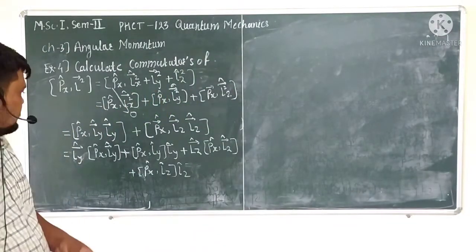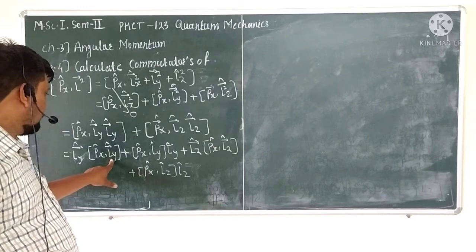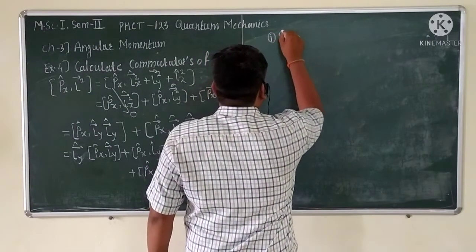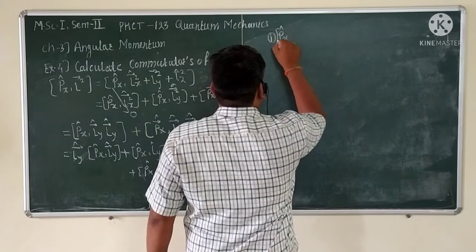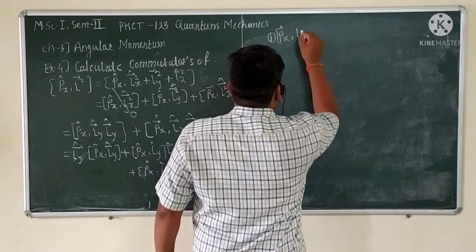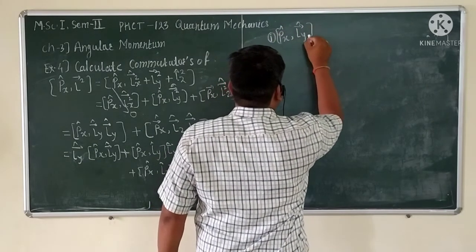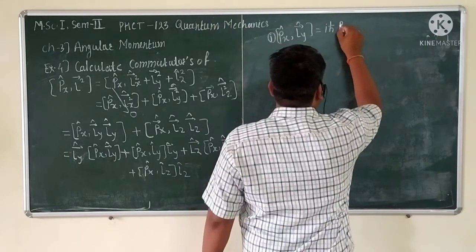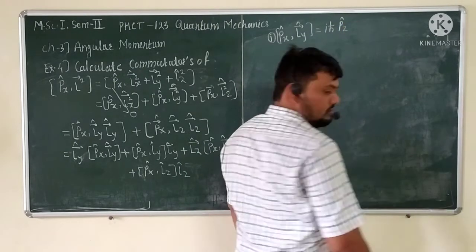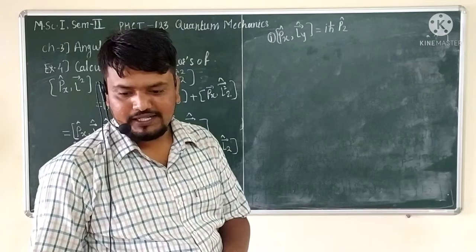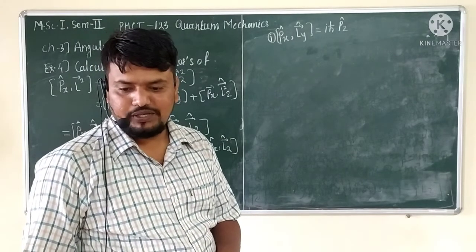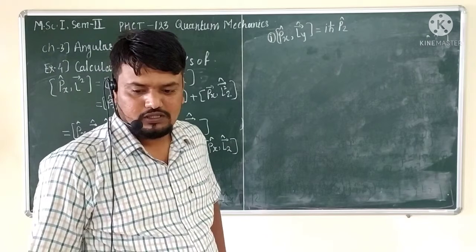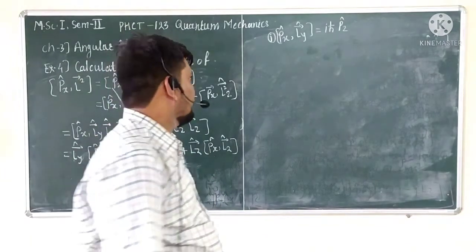So that first identity, [Px, Ly], is nothing but iħ Pz. So this is the first identity, and [Px, Lz] is nothing but iħ Py.